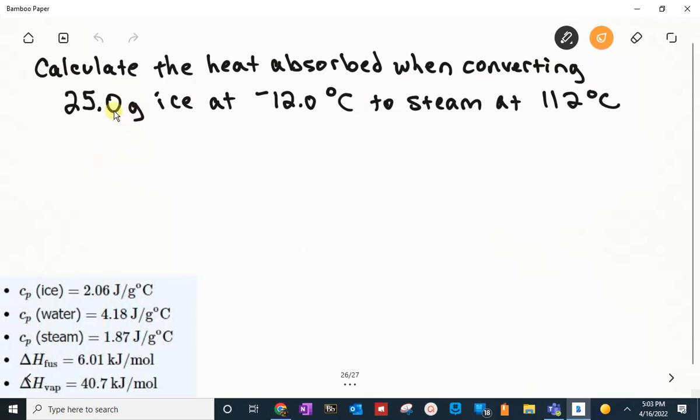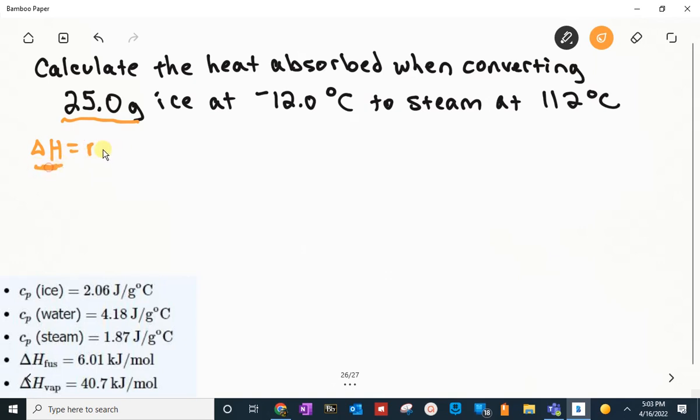Now we have 25.0 grams of ice at negative 12 degrees Celsius, and then it's going to go up to 0 degrees Celsius before it starts melting. So we know the specific heat. We have to plug this into the formula for the heat that you absorb.